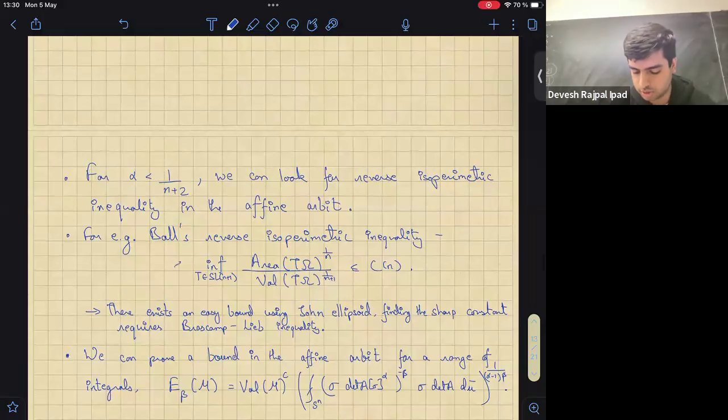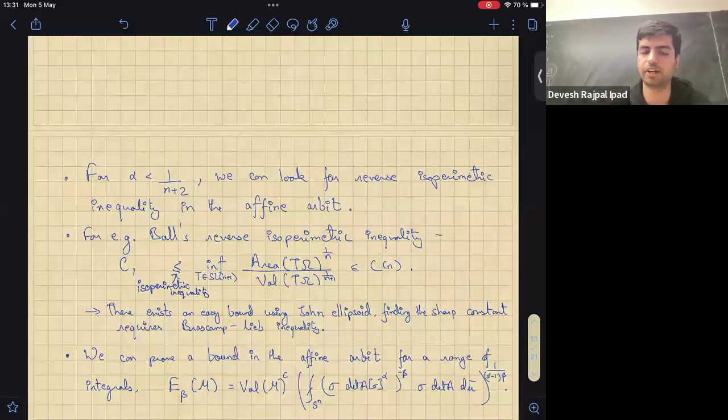So this would be your usual isoperimetric inequality, which we know is attained for balls. But there also exists another side if you are willing to look in the affine orbits. The equality on this side is attained by balls, and the other side will be attained by more pointy objects like simplexes.